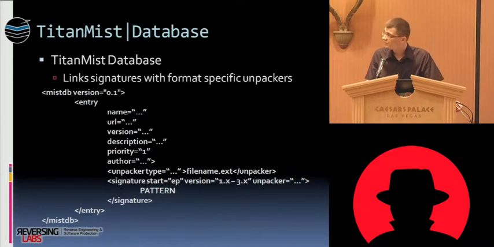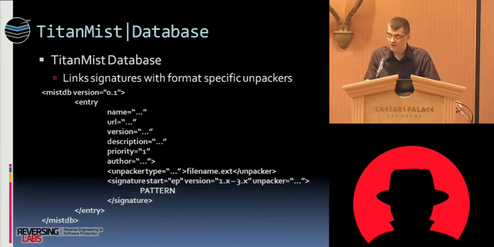So you can have multiple signatures for a single format. One entry would be, let's say, UPX, and you can have multiple signatures for the UPX file format. Correlated to that, you have Unpackers, which you can have multiple types of, and we're going to talk about that a bit later. And once you have the match, the available Unpackers can be called.